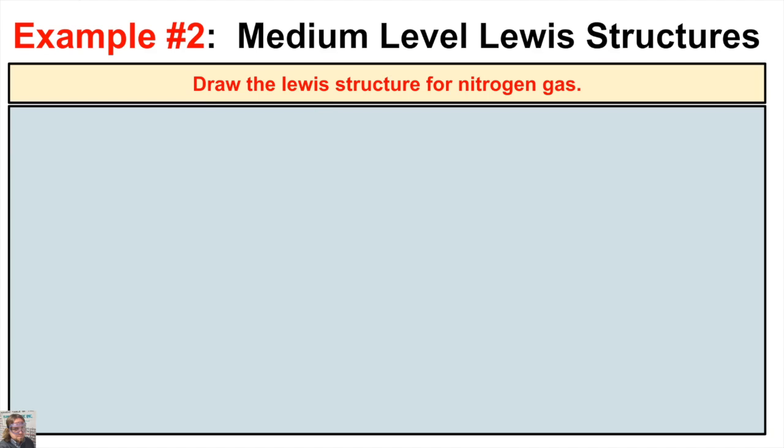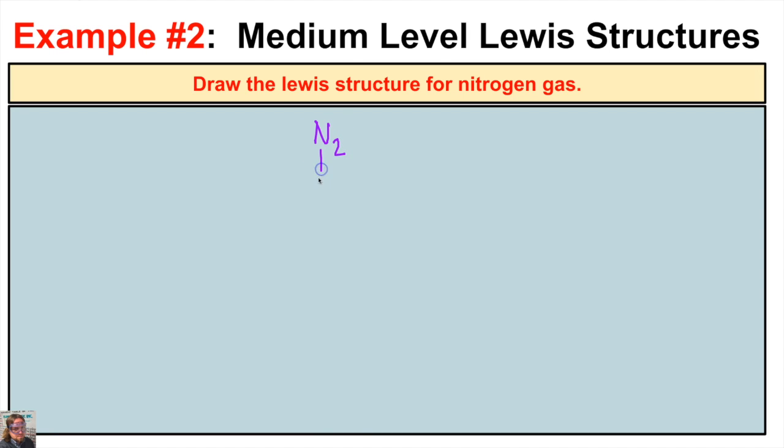In this second example, it says to draw the Lewis structure for nitrogen gas. So nitrogen gas, what is nitrogen gas? Well, nitrogen gas is N2, right? It's one of the diatomic molecules. And so we have to figure out how many valence electrons there are total in nitrogen gas, or N2.